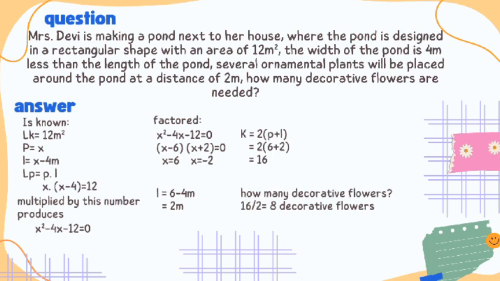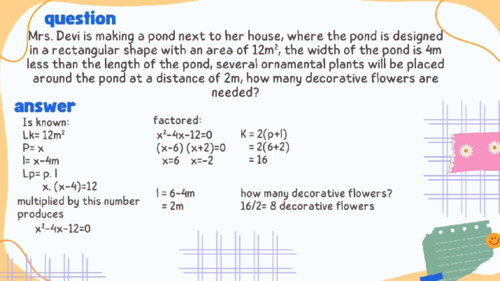X plus 2 becomes x equals minus 2. Here, I take x equals 6. Continue by finding the width. X changes to 6. L, or width, equals 6 minus 4 meters equals 2 meters.